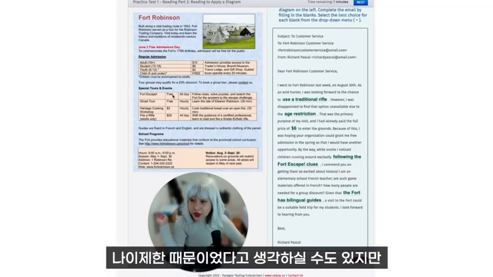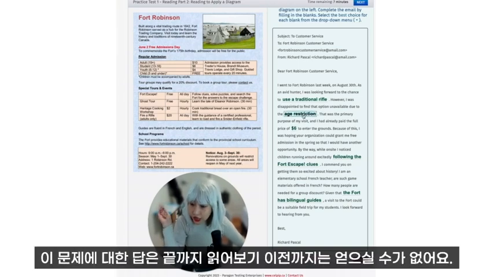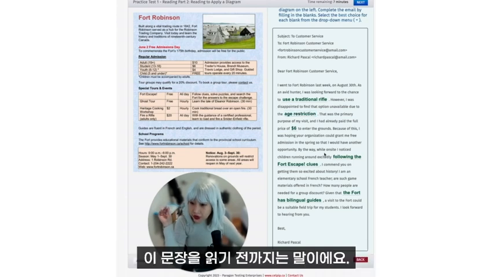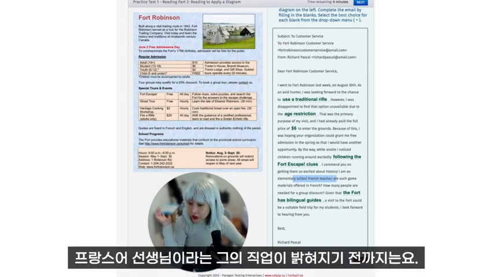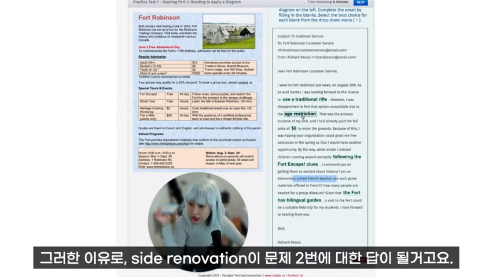You may think this would have been the age restriction, but you would not get this answer until you get to the bottom, until you get to this sentence, the demonstration of what his employment is, which is French school teacher. And that's why the site renovation is the right answer for question number 2.